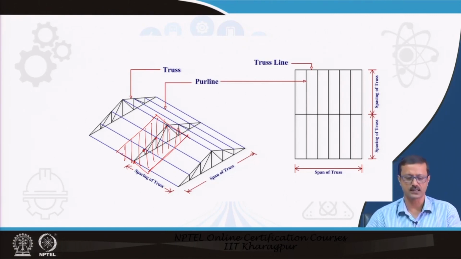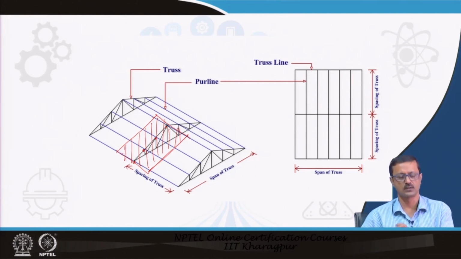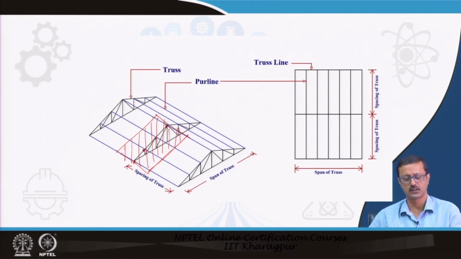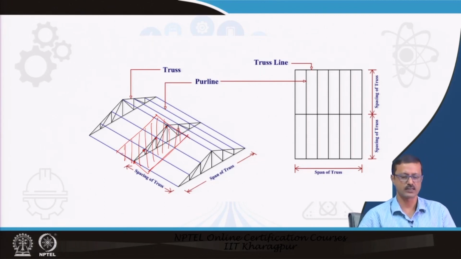We will discuss this in the next lecture, on the application of the truss in architecture, and in 3 slides we will discuss how the load transfer mechanism takes place.